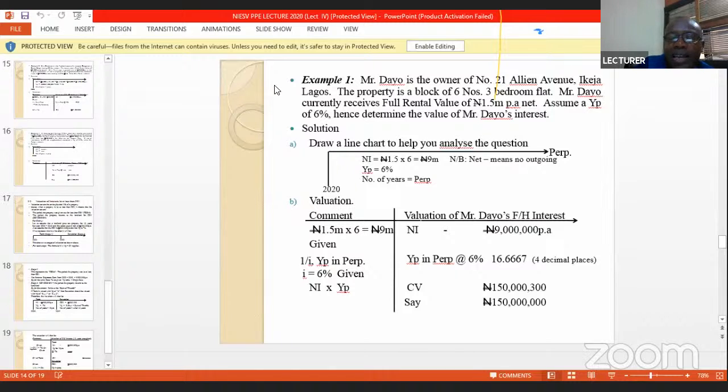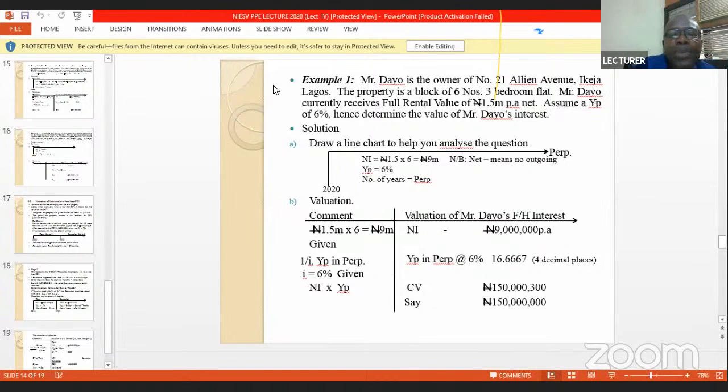Immediately after the net income, the next thing to present is your YP. And you can see how I presented it. YP in perpetuity at 6%.